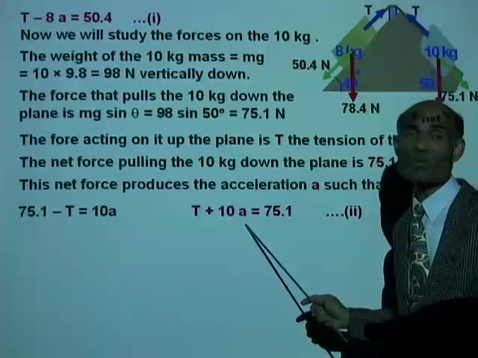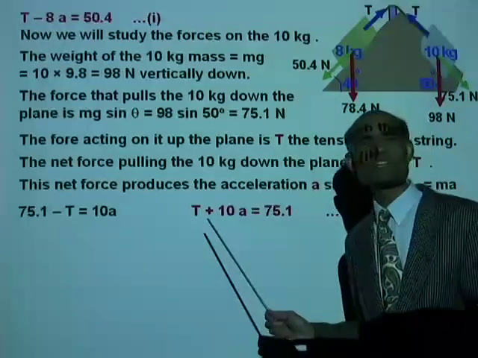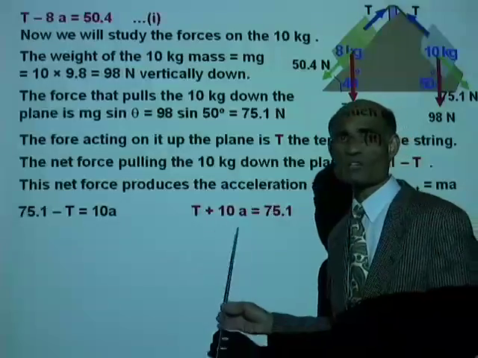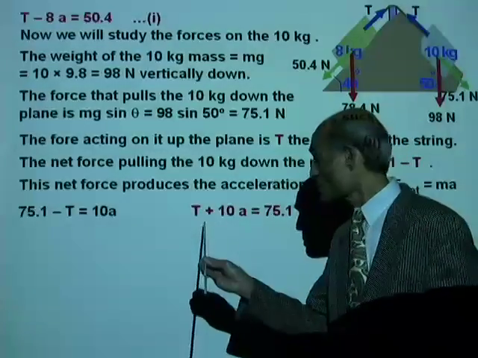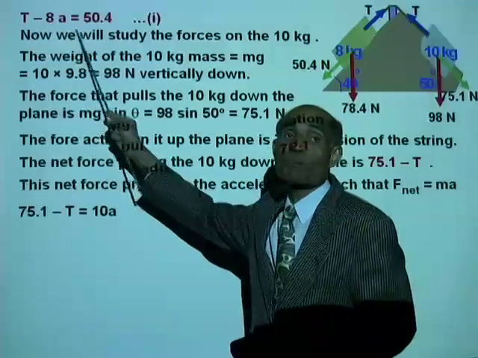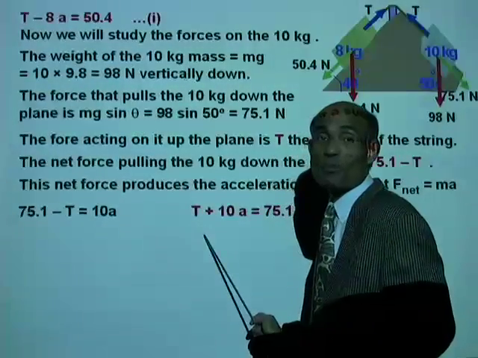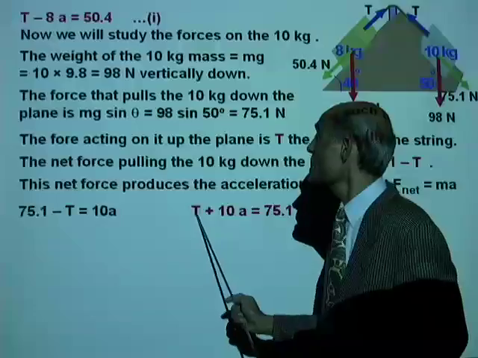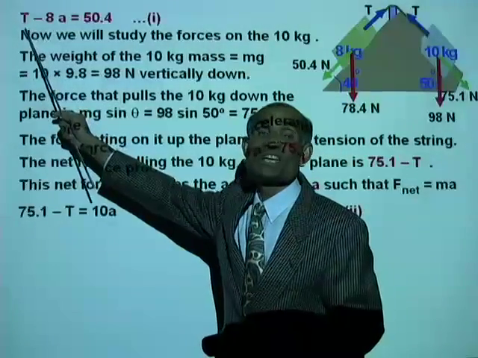Well, solving that equation is very simple. You don't even need the calculator. Now, look at the way I can do that right here. Subtract the top equation from the bottom equation. That means T minus T equal to 0.